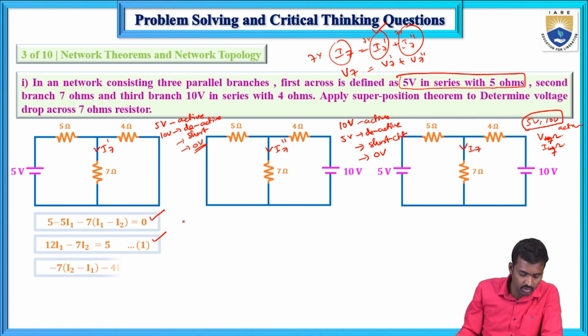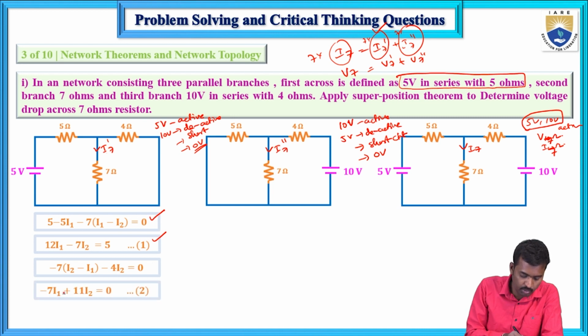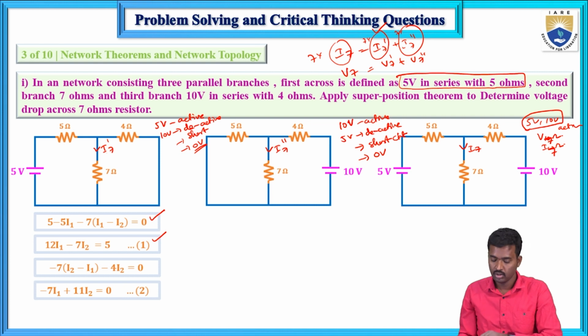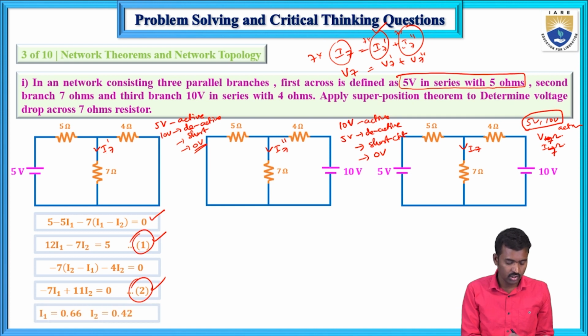And the second mesh equation, 7 into I2 minus I1 minus 4I2 equals 0. The simplified equation is minus 7I1 plus 11I2 equals 0. Now if you solve equation number 1 and equation number 2, you will get I1 equals 0.66 and I2 equals 0.442. These are the mesh currents.